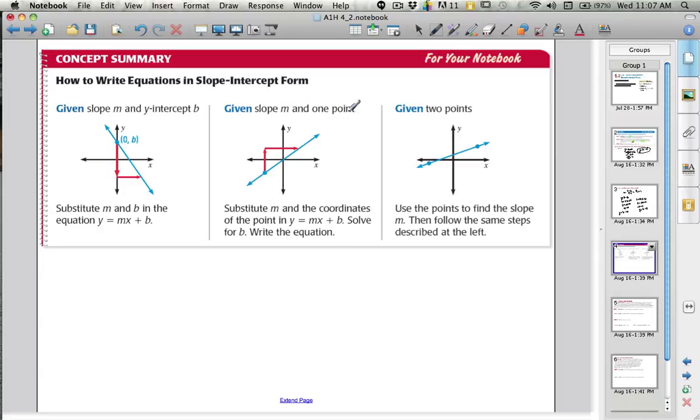They can give me the slope and a point, so I use the slope and the x and y coordinates to find b, and then I rewrite the equation. Or they can give me 2 points where first I calculate the slope, and then I do the same things I did in this scenario where I take the slope and the coordinates of a point to find b. So these are the ways we've learned so far.